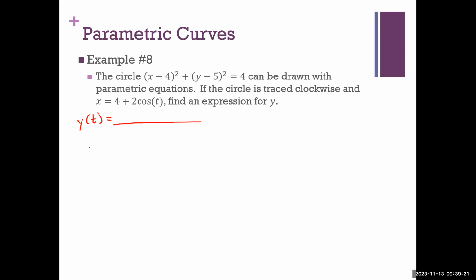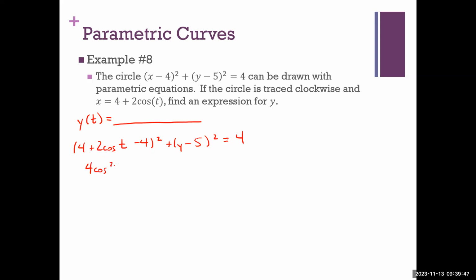Let's try it. If I plug in that expression for x, then what do I get? I get 4 plus 2 cosine t minus 4 squared plus y minus 5 squared equals 4. So how does this one simplify here?